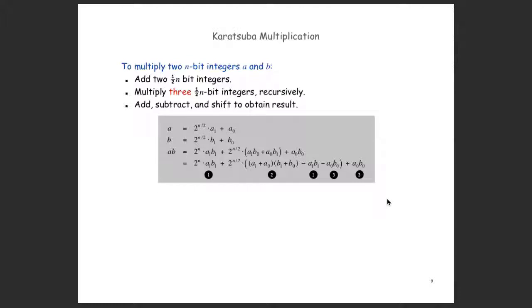However, now we can cheat, and use something similar to the trick for complex numbers, which is Karatsuba's trick. That enables us to do it with 3 multiplications rather than 4.